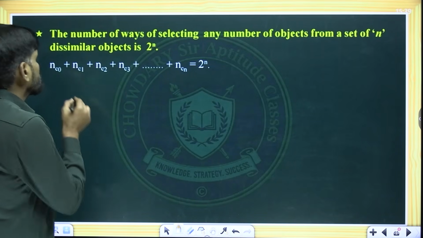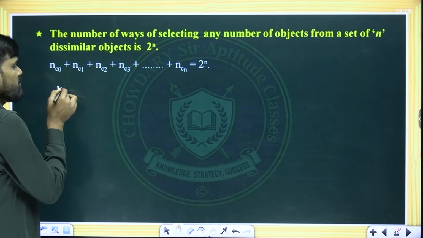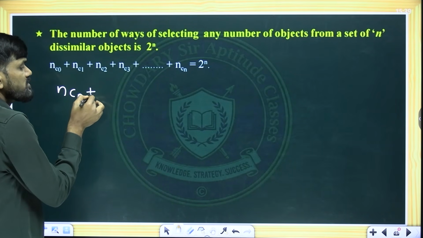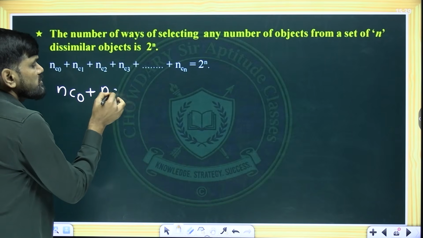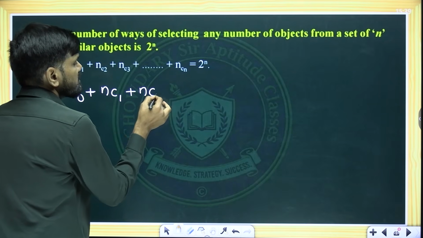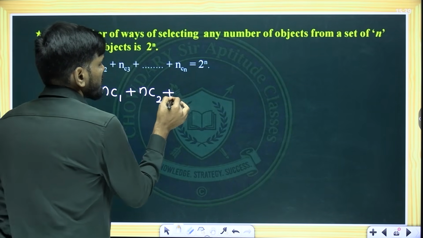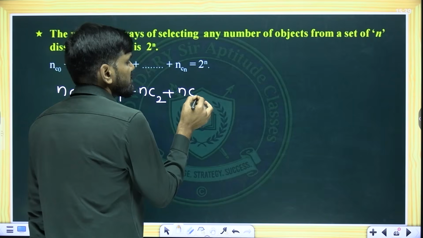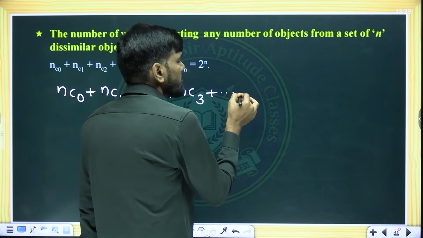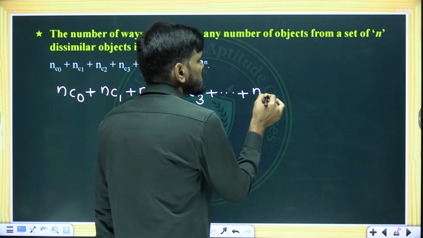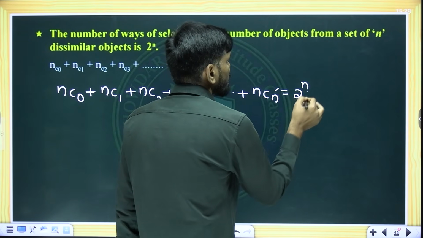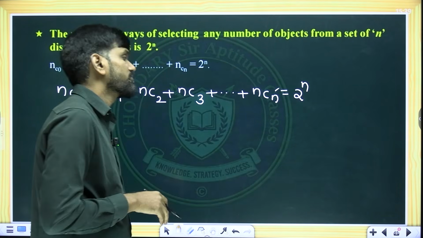Out of n objects, choosing 0 objects can happen in NC0 ways. 1 object in NC1 ways, 2 objects in NC2 ways, 3 objects in NC3 ways, and so on, n objects in NCn ways. That is always equal to 2 to the power of n.